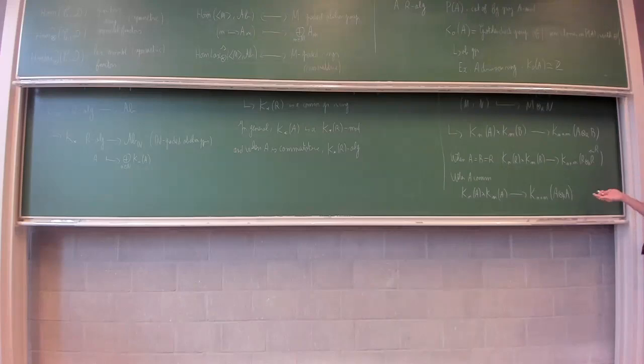And when A is not commutative, this is the end. But when A is commutative, you can compose it with the morphism induced by multiplication. You say that mu is the multiplication map.